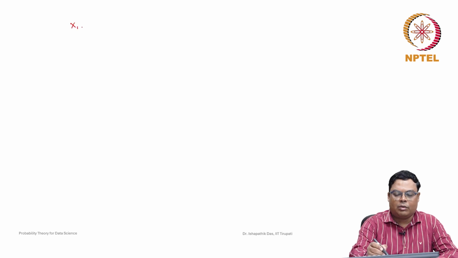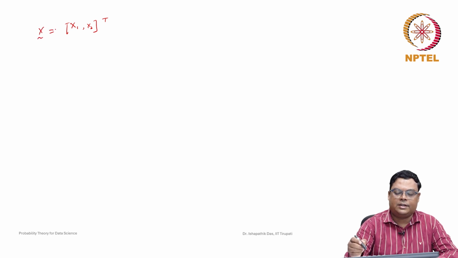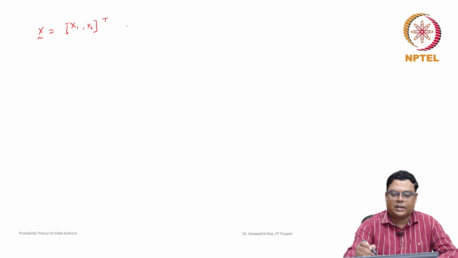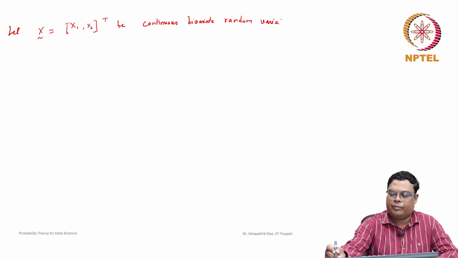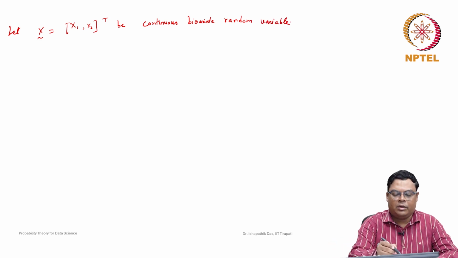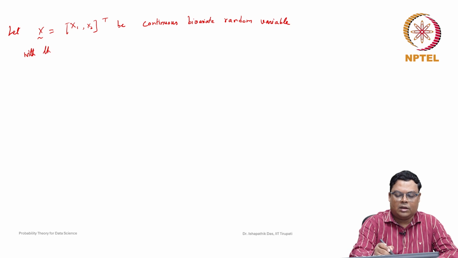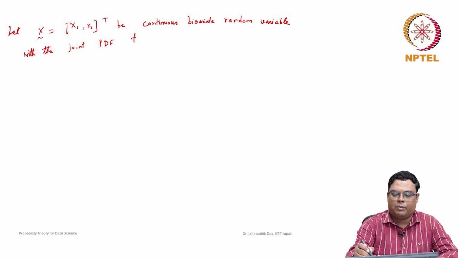Let X1 and X2 be a continuous bivariate random variable, which we denote by X, with the joint probability density function f of x.